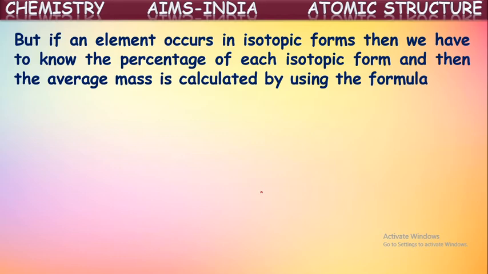Okay, if an element has more than one isotopic form, and we know the availability of those isotopes in nature, then using those availability percentages and the mass numbers of the different isotopes, we can calculate its average atomic mass using one formula.